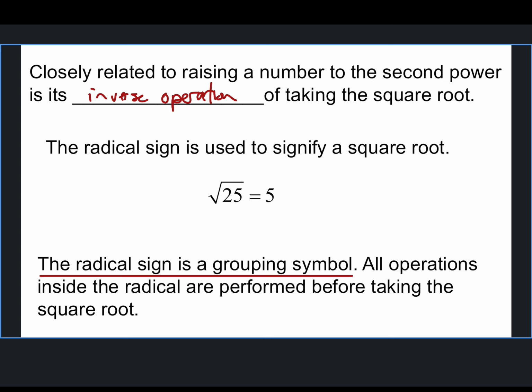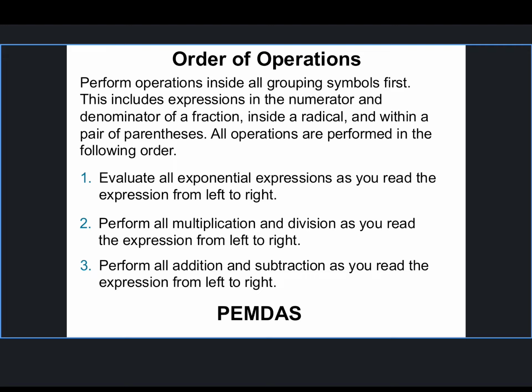Okay, order of operations. So we perform operations inside all grouping symbols first. What are the grouping symbols we've talked about so far? Parentheses, square roots, also expressions in the numerator or denominator of a fraction, that helps us group also.